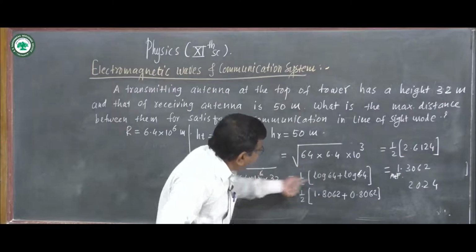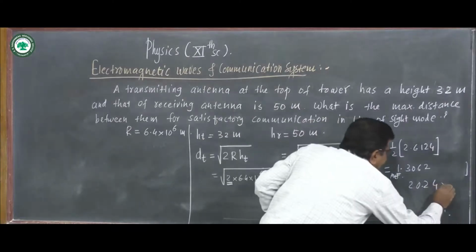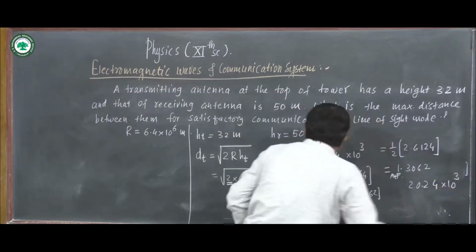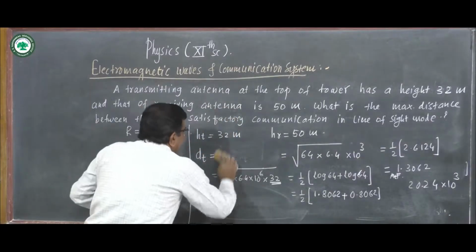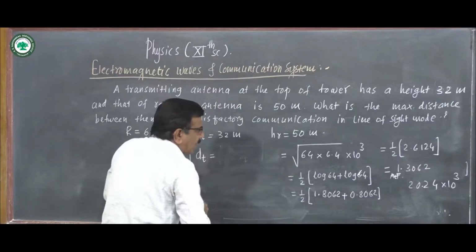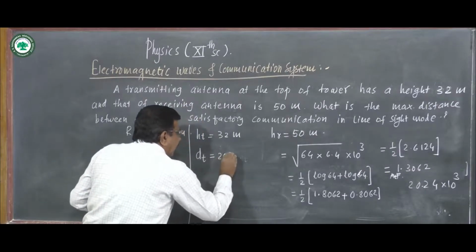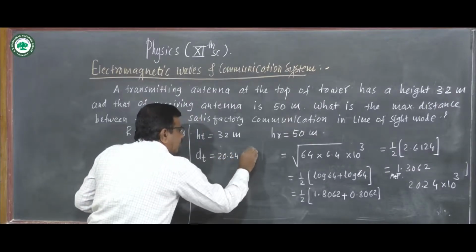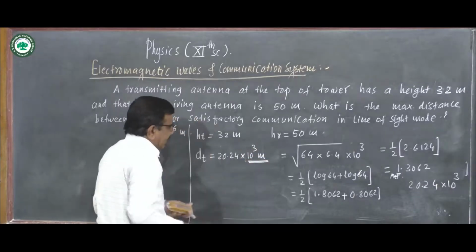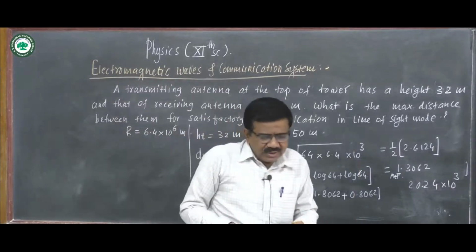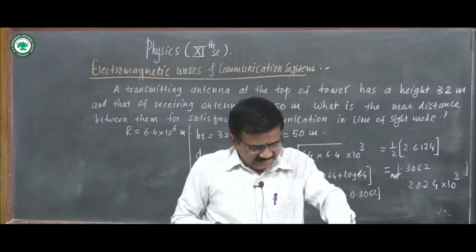But already there is 10 raised to 3. So this is value of our dt. So our dt is 20.24 into 10 raised to 3 meter.